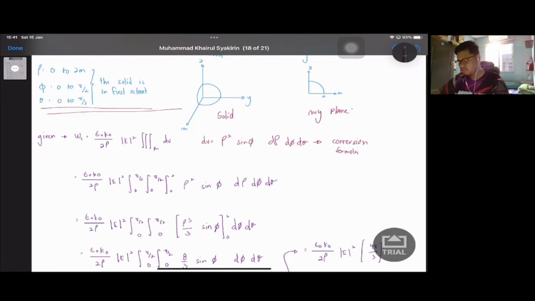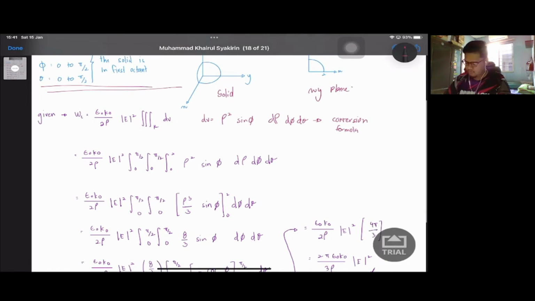This is the conversion formula for the triple integral in spherical coordinates, not the cylindrical coordinates. From the conversion formula, we need to substitute it into the formula given, which is here.